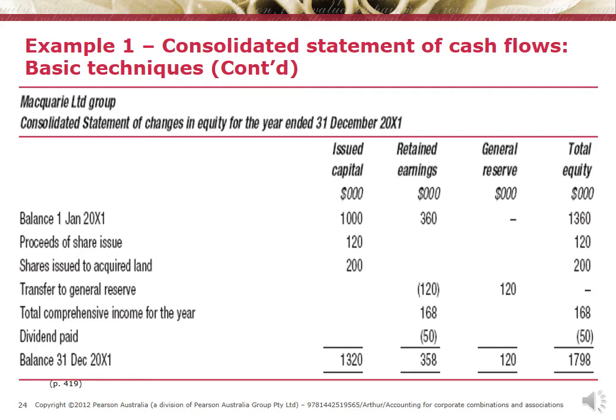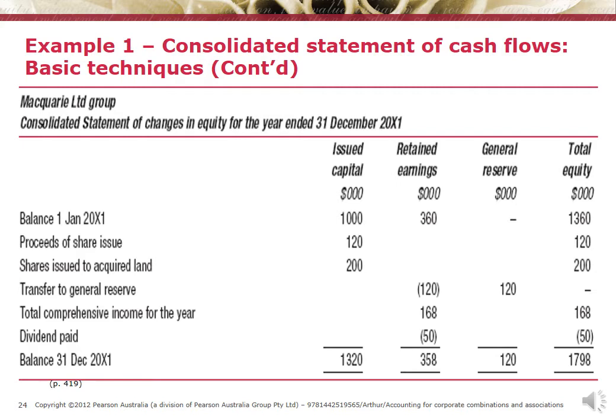We've also got the change in retained earnings, and there was a transfer there from the general reserve, so there's a change there that's not cash related, and this is all important information that we need to know. And there was a dividend paid, and we've been given the totals of the equity balances there.